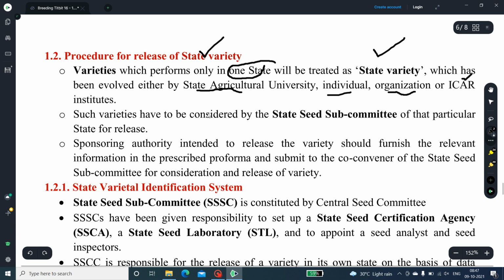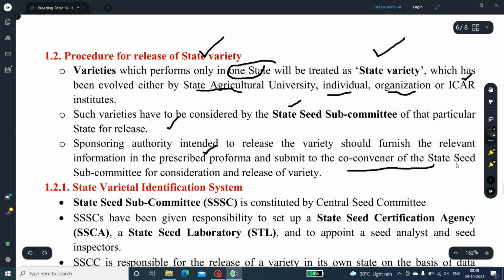Such varieties have to be considered by the state seed subcommittee of that particular state for release. The sponsoring authority intended to release the variety should furnish the relevant information in the prescribed proforma and submit it to the co-convener of the State Seed Subcommittee for consideration and release of the variety.